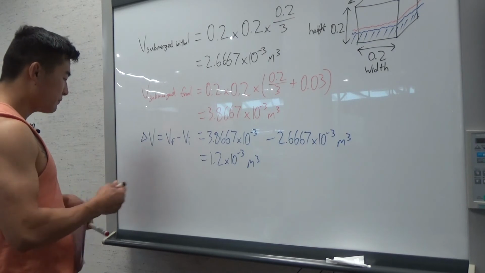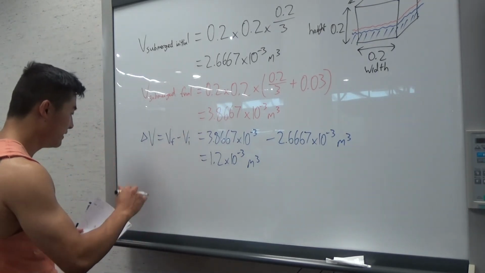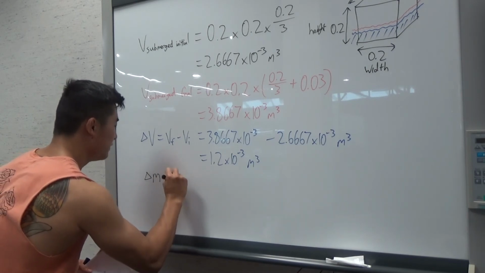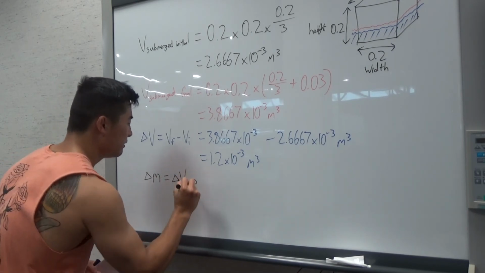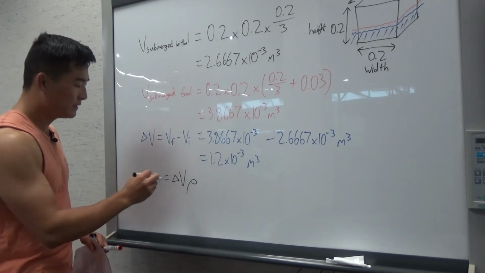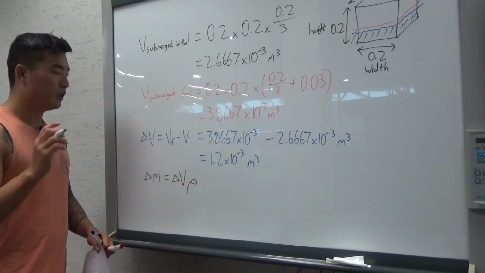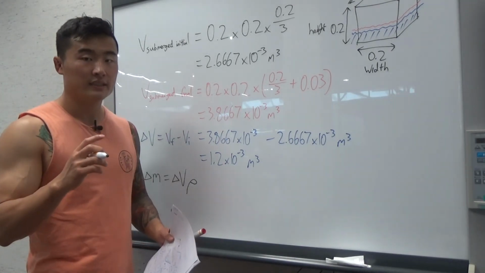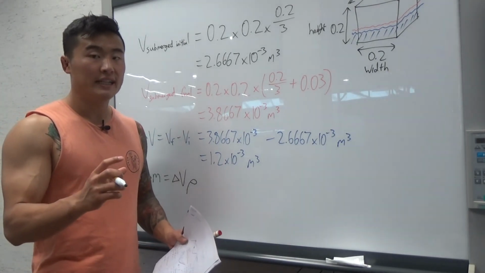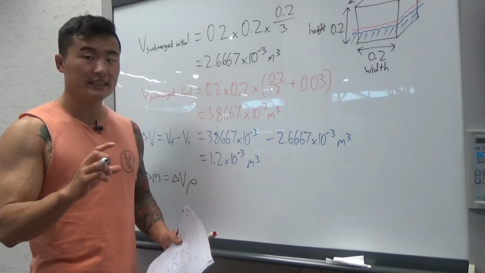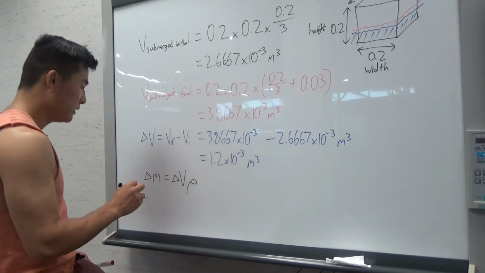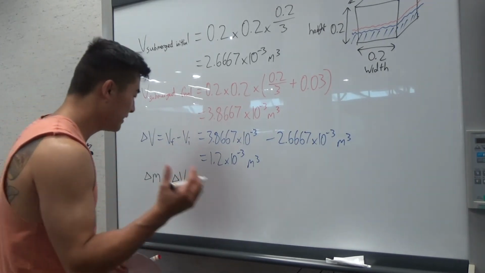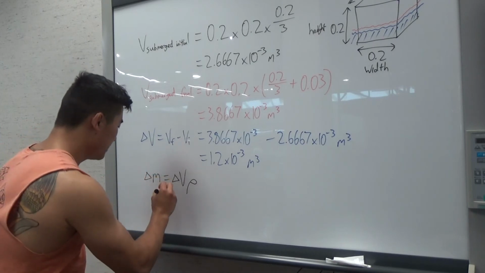So now we can say that our change in mass is equal to our change in volume multiplied by the density, and because the volume that was submerged will be the same volume as the volume of water that's being displaced, so this will be the density of water, because it was the water that was being displaced by the extra volume that was being submerged.